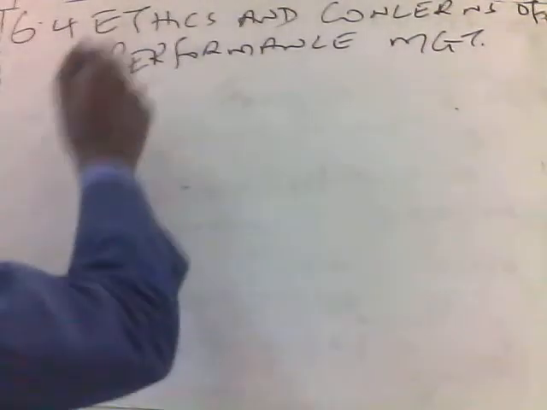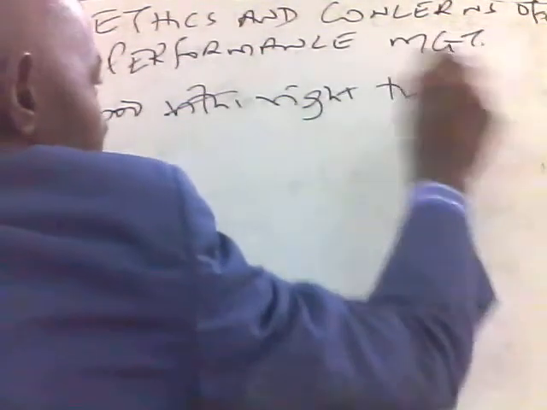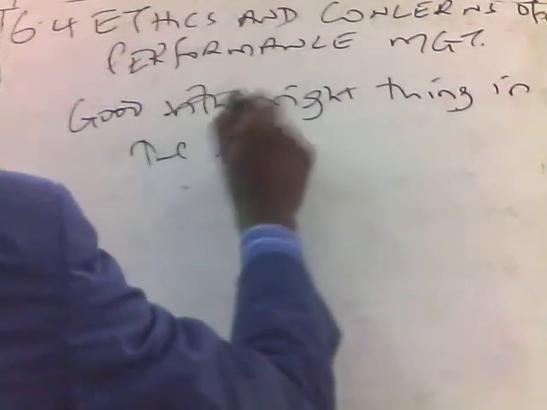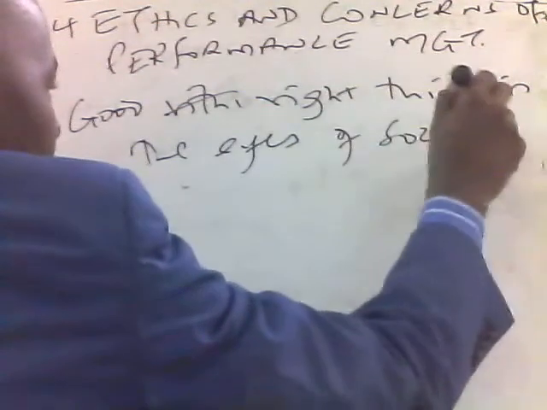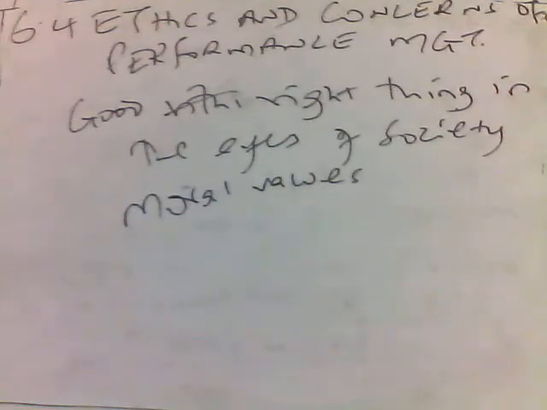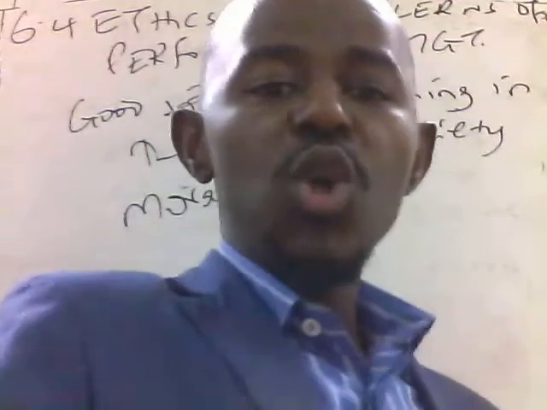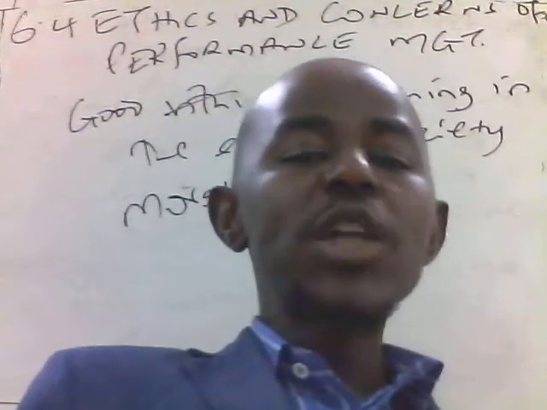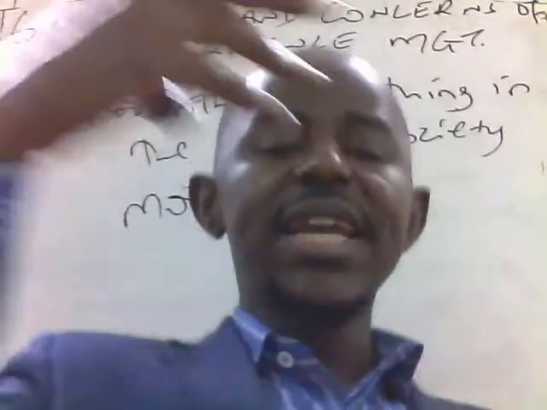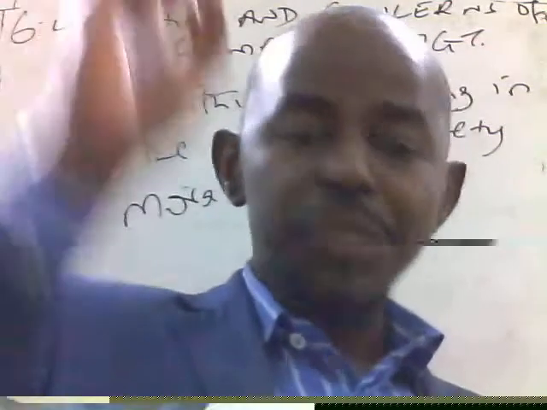Now, ethics is doing the right thing in the eyes of society, what we call moral values. So, what are those things that can be regarded as good in the eyes of society when it comes to performance management?